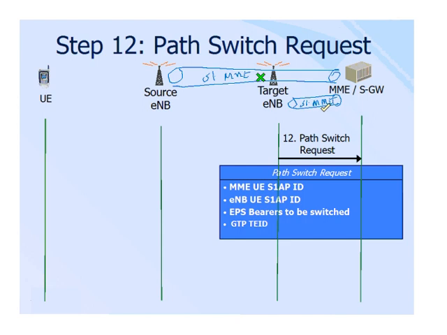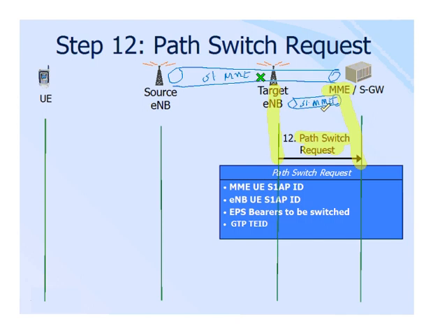But in terms of tracking area and so on, we should be fine, because it's the same MME. So the target will tell the MME that we have now established a radio connection with the UE in the new cell. So can you please switch the path?